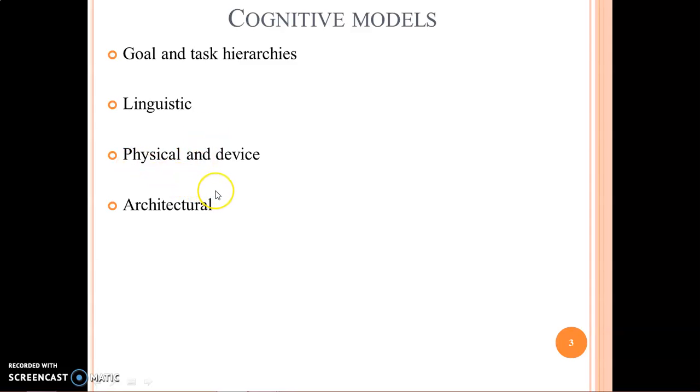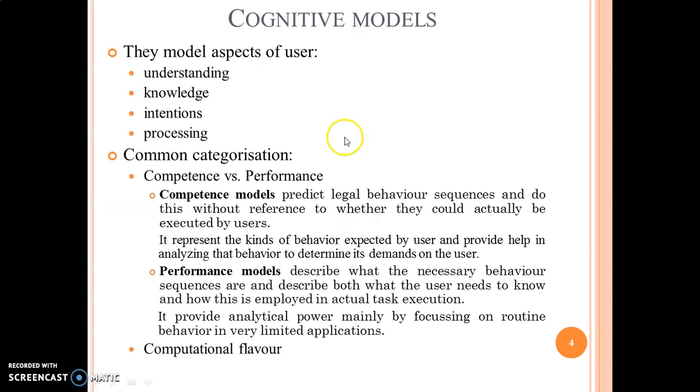Physical and device models represent human motor skills, and the cognitive architectures basically underlie all of these cognitive models. These models aspect the understanding, knowledge, intentions, and processing of the user.